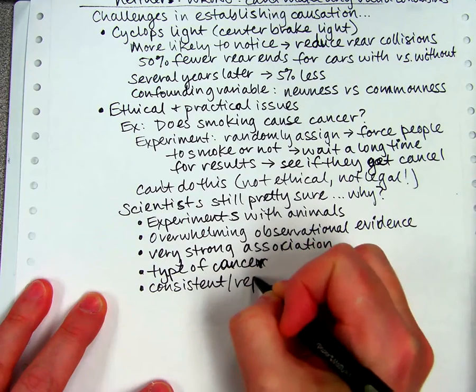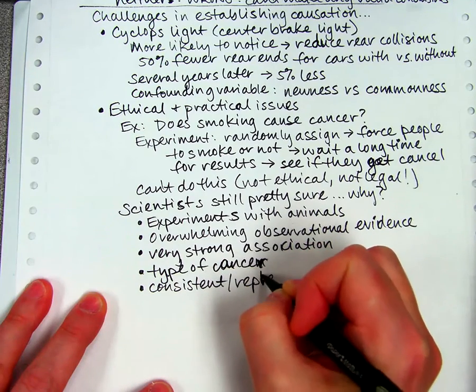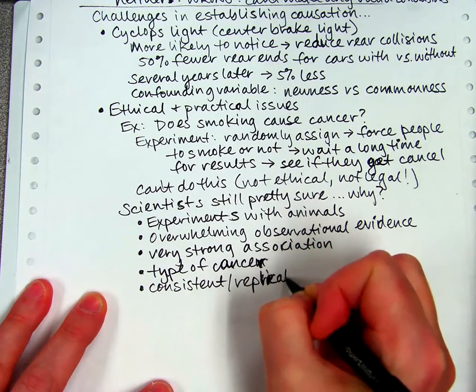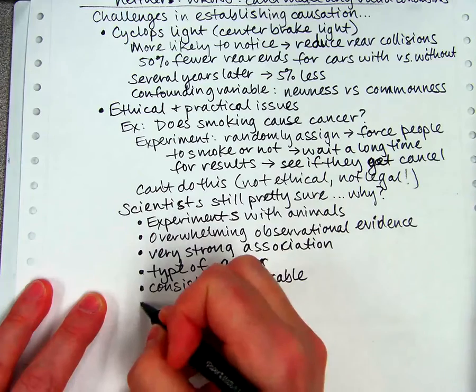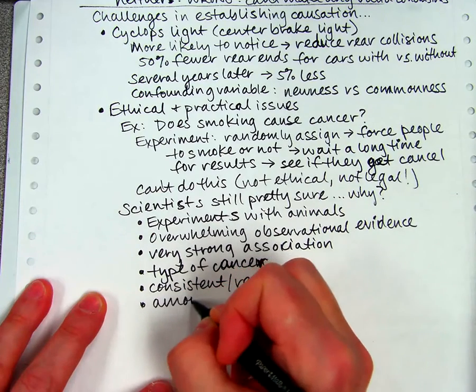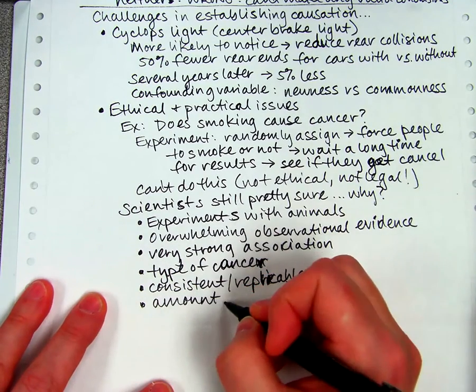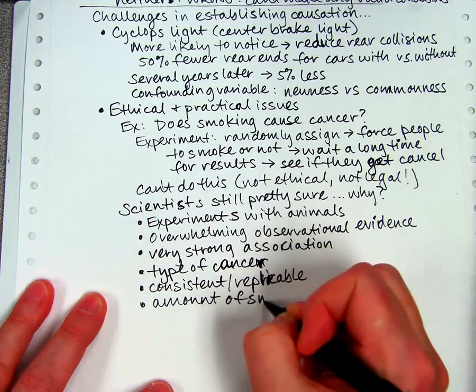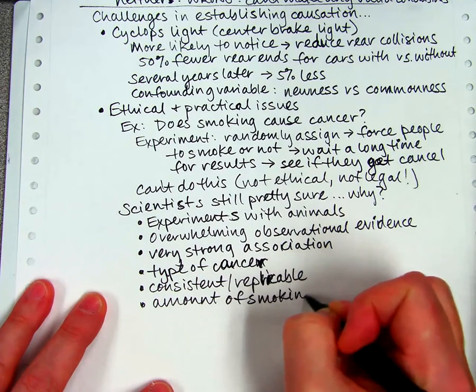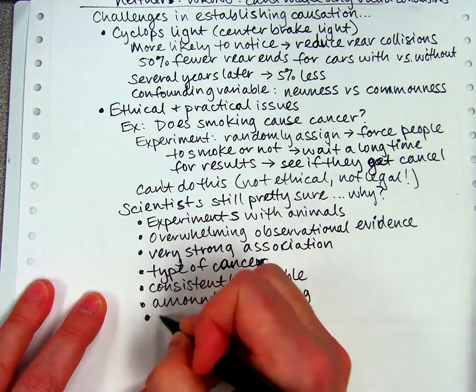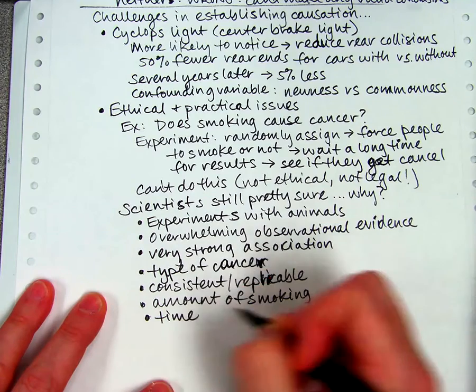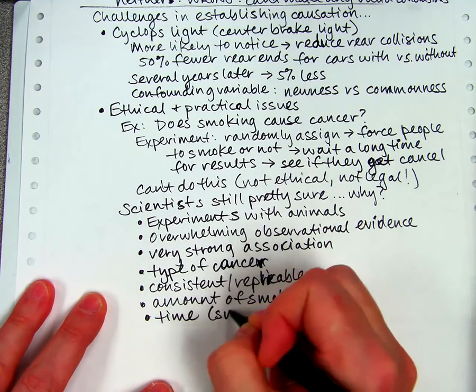You could do it again on different animals and it would happen the same way. The amount of smoking makes a difference. People who smoke more tend to get more cancer, are more likely to get cancer than people who smoke less. So that is another piece of evidence. The time involved as far as how long did you smoke, and also the fact that the smoking came before the cancer.